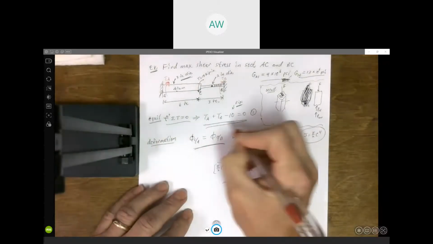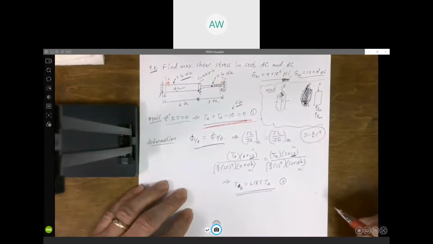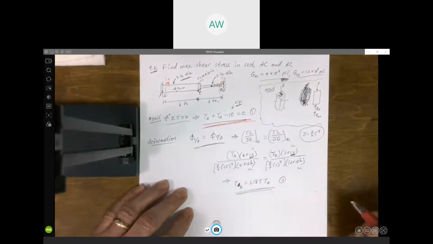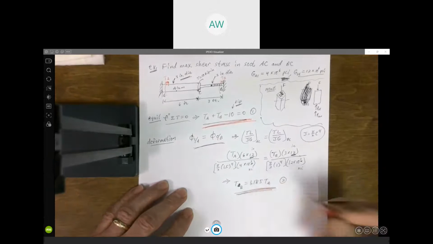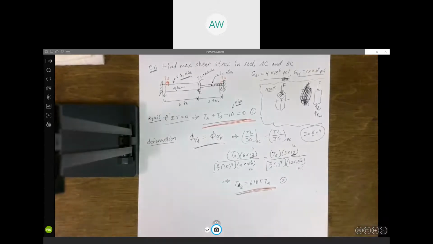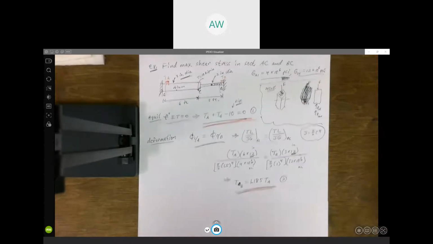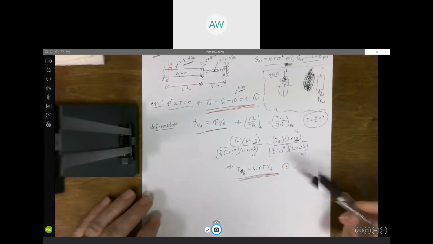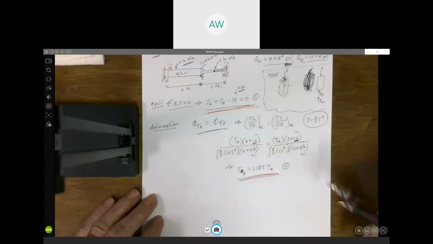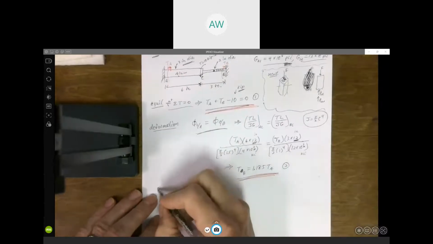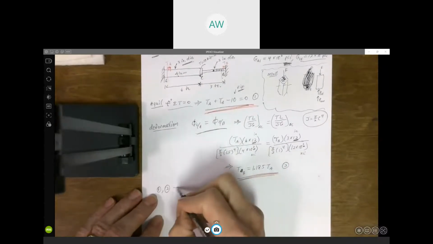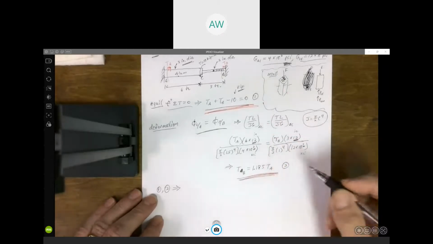So I've got this equation up here from equilibrium, involving TA and TB, and I got this equation down here relating TA and TB. And so now it's just a matter of doing algebra. Take this, substitute in that equation. We'll skip some of the algebra. Just take those two equations and solve.